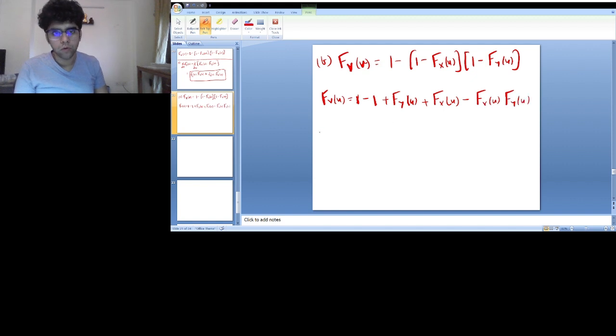So just differentiating this, d by dv of the CDF of small v. The 1 goes away, and after differentiating this will give me 0 only because it's a constant term.